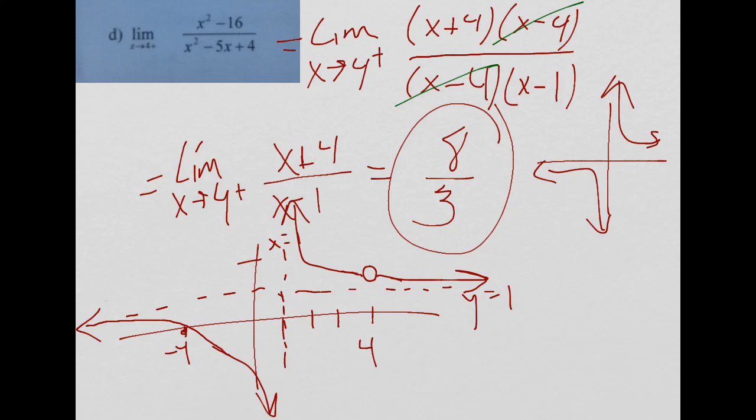So when I look at that limit, I'm just getting the y value of the hole. That's all I'm doing. And that's true for any of these where we cancel the same term out of the top and the bottom, which actually often happens in most of these.